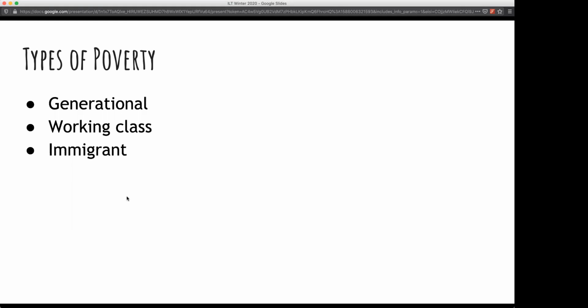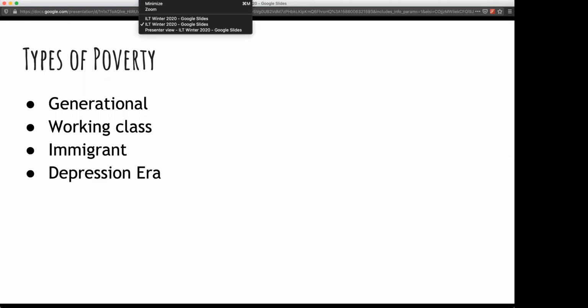There's one more, or two more. Depression era poverty. I know my folks grew up during the Depression. They had a certain view of the world. And this one actually sounds a lot like our current COVID situation. The societal messages were like all in this together, and poverty might be seen more as a societal problem.